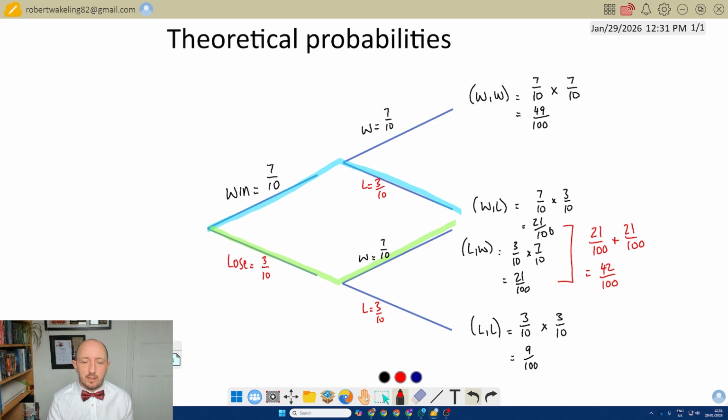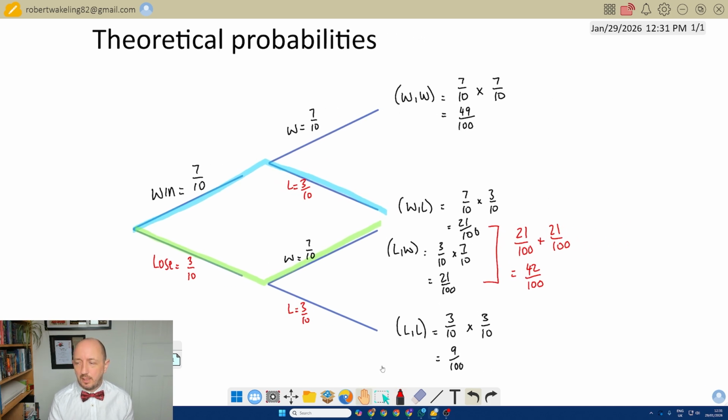Okay, now one final thing about this, as we develop this understanding and we're going for maybe the higher levels, they might ask you at least 1 win. Okay, at least 1 win. So to win at least once, we could have the 2 branches that we've already calculated because they won and then they lost, or they lost and they won, so they've won at least 1 game there.